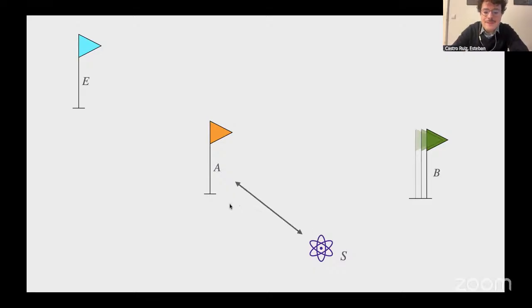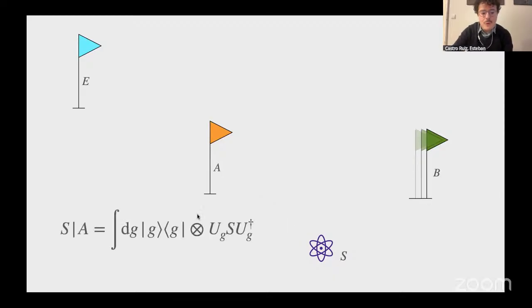So Eve says that Alice is measuring X, and then she represents this as a relative or dressed observable, because the fact that Alice doesn't have access to Eve's external frame means that she can only measure invariant observables. This is an invariant observable. And in particular, we assume that she can measure these ones.